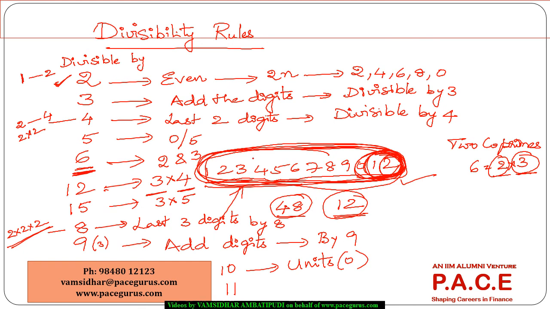The simple thing I tell you to do is add up the alternate digits. 1 plus 3, 4. 4 plus 5, 9. 9 plus 7, 16. 16 plus 9, 25. 25 plus 1, 26.